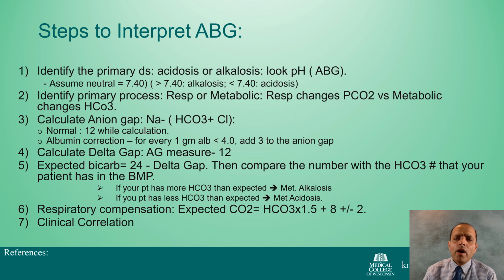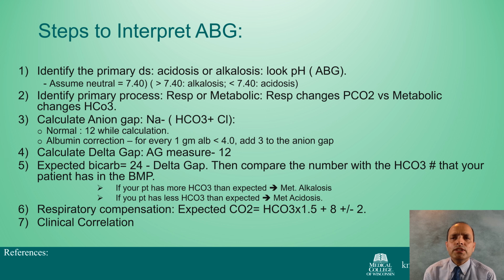For every 1 gram drop of albumin from 4, which is a normal albumin number, you add 3 to the anion gap. So this patient we just talked about has a 2 gram drop from 4. So for 1 gram drop you add 3, for the second one another 3, so you add 6 to 15, which is 21. So that is the corrected anion gap.